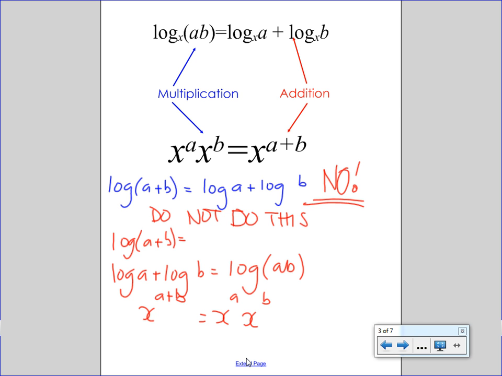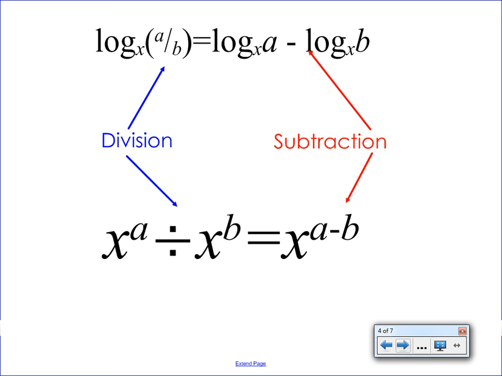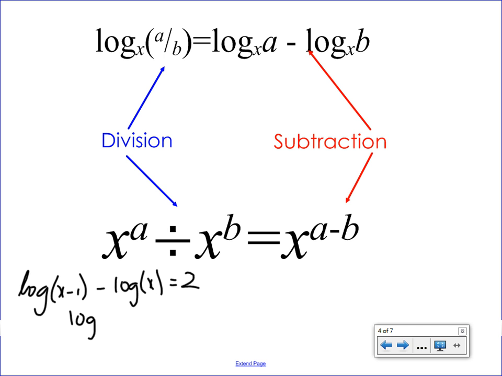Okay? Next one. Very similar. x to the a divided by x to the b is x to the a minus b. Log a over b is log a minus log b. So if you have an equation that says log x minus 1 minus log x is 2, then you can rewrite it as log of x minus 1 over x is 2.